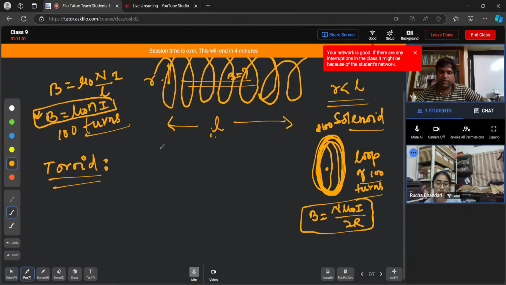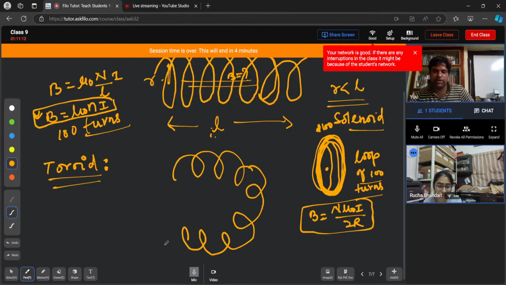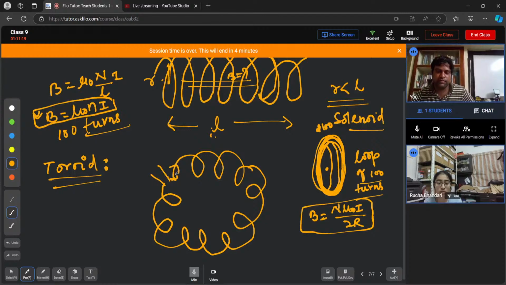What is a toroid? If we bend the solenoid into a circular form, making a circle out of the solenoid, then we will call it a toroid. Current is supplied at one end. When current flows in a toroid, there will be a magnetic field.